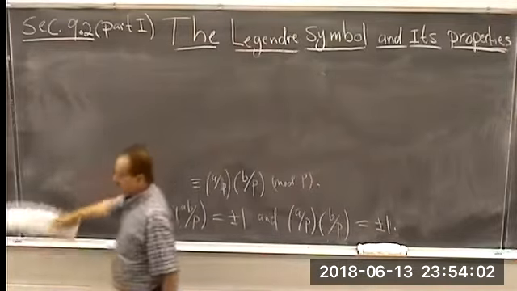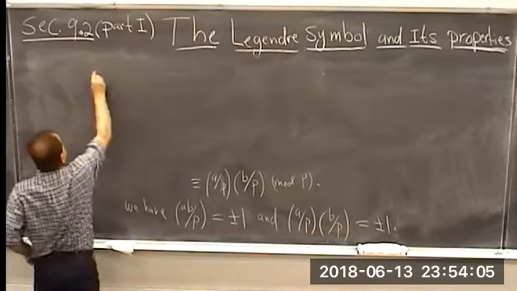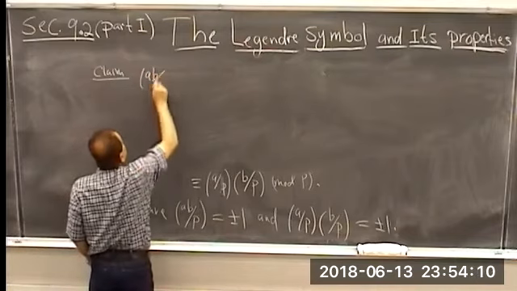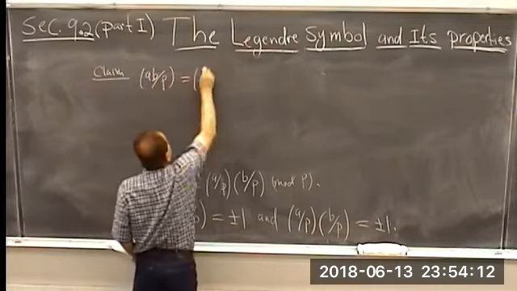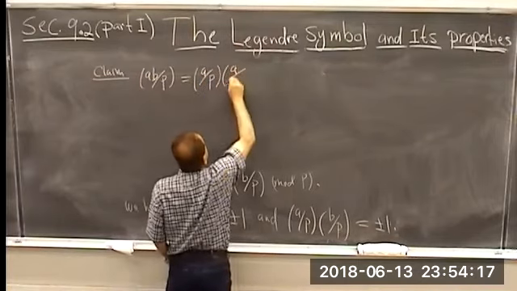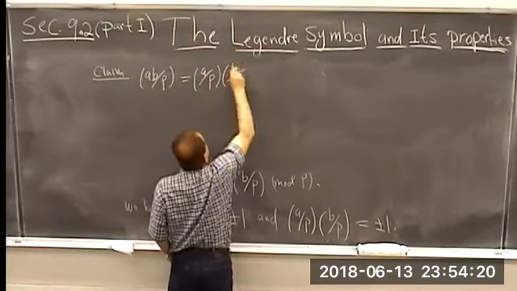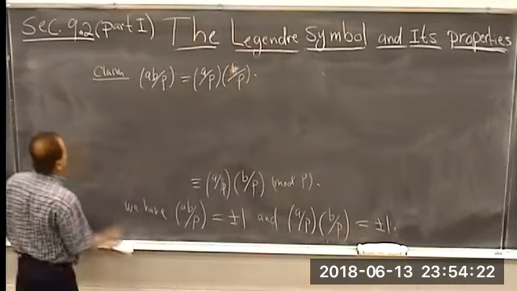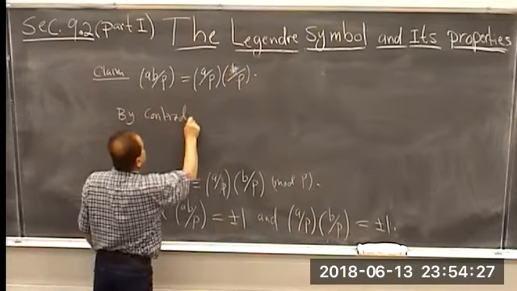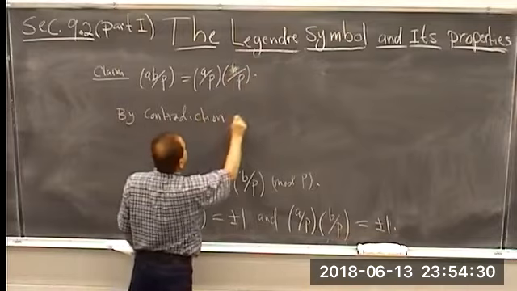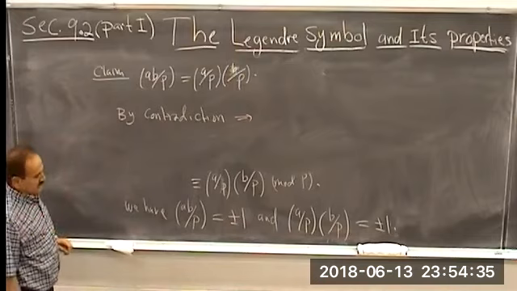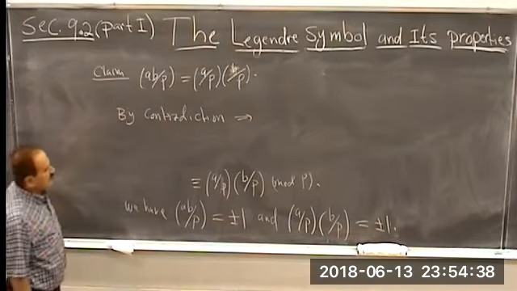So I claim that (AB/P) is in fact equal to this. Well, let's assume by contradiction. So one side is going to be positive 1 and the other side is going to be negative 1. By symmetry, it doesn't make any difference.